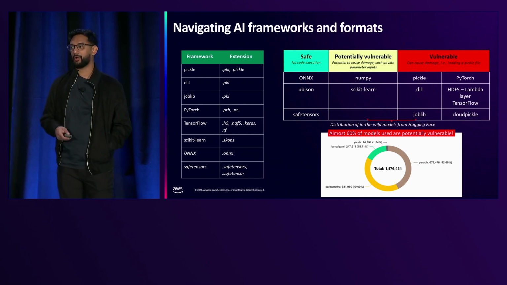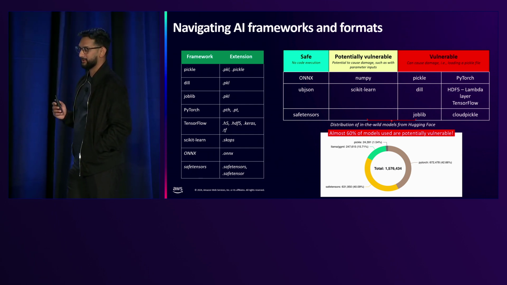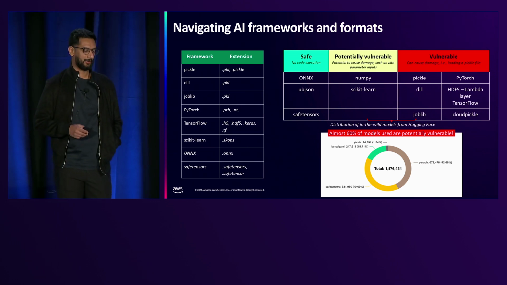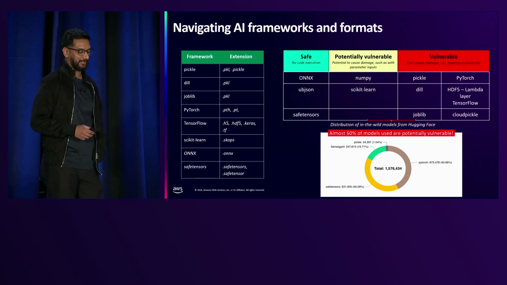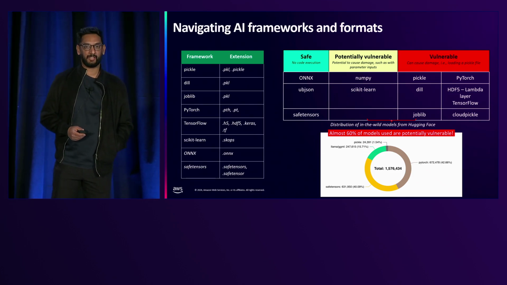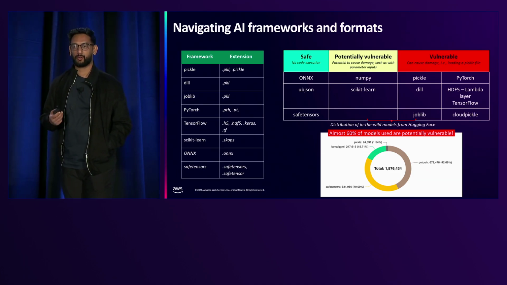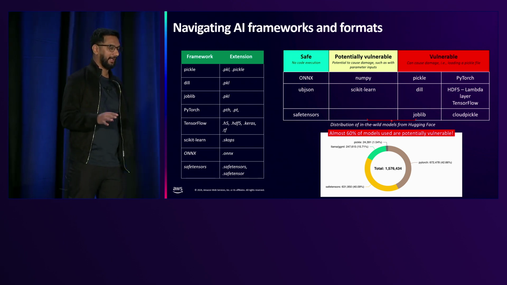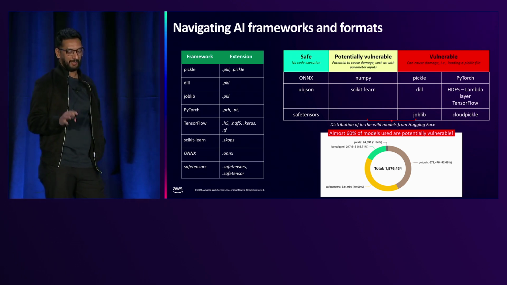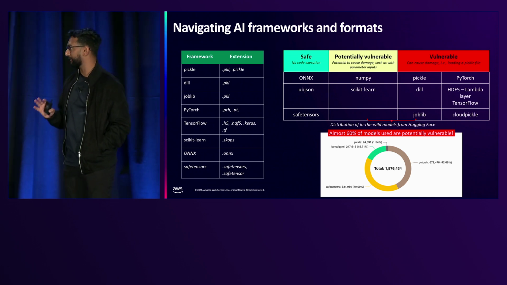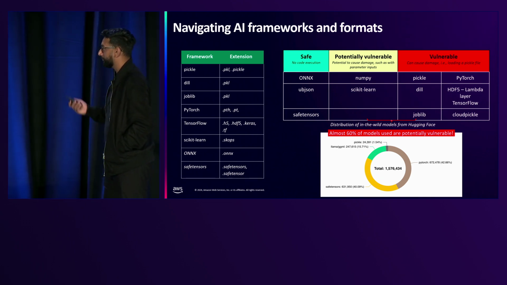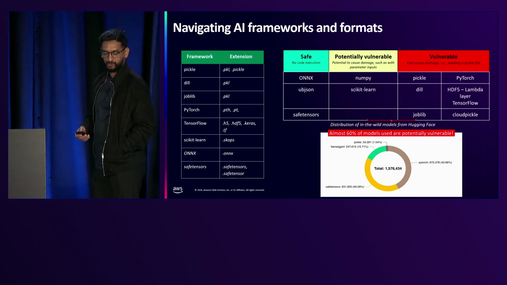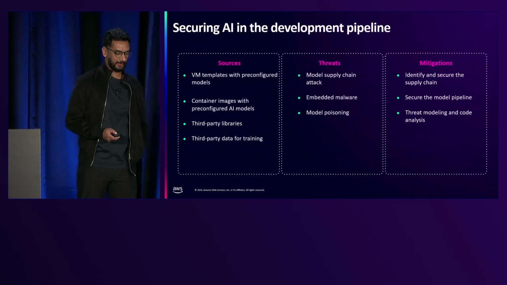Which means if you're going and pulling down any container and using it in your application, there's a possibility that there was insecure code involved. Now, the distribution is typically NumPy and PyTorch, which I believe are the highest. And most of these are, of course, insecure.